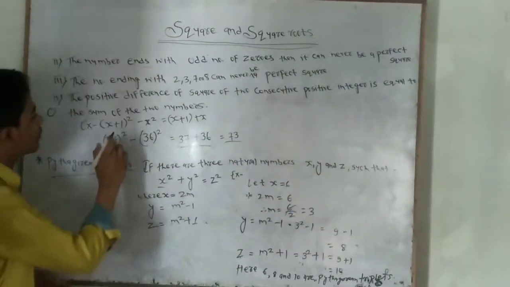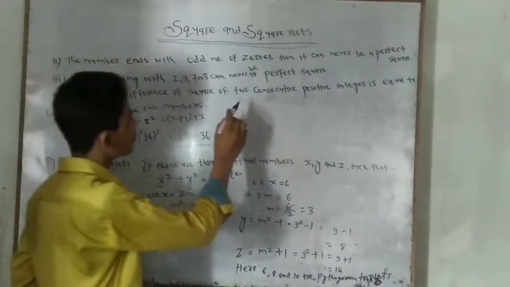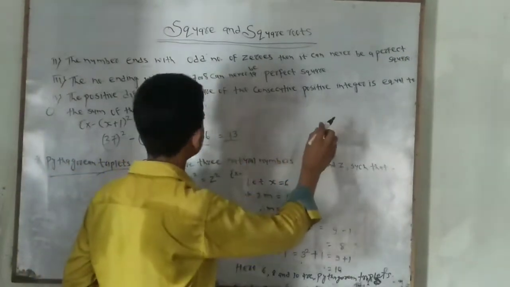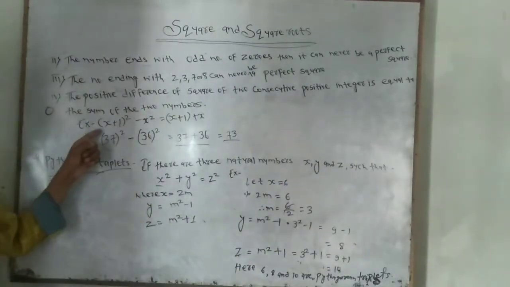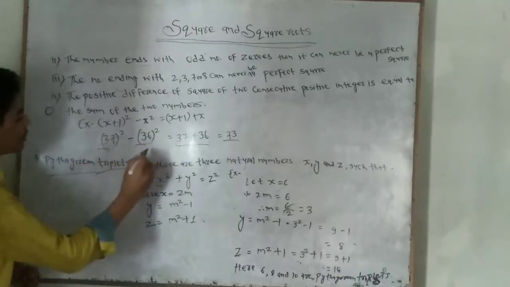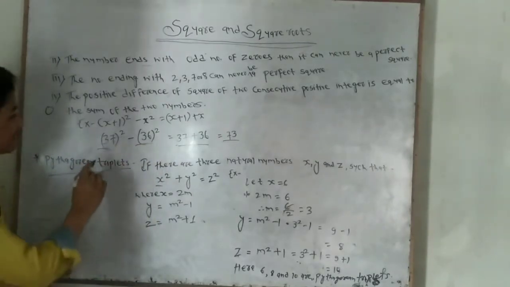point is that the positive difference of the squares of two consecutive positive integers is equal to the sum of the two numbers. So we are looking at two numbers, one greater and one smaller, and their difference is 1.